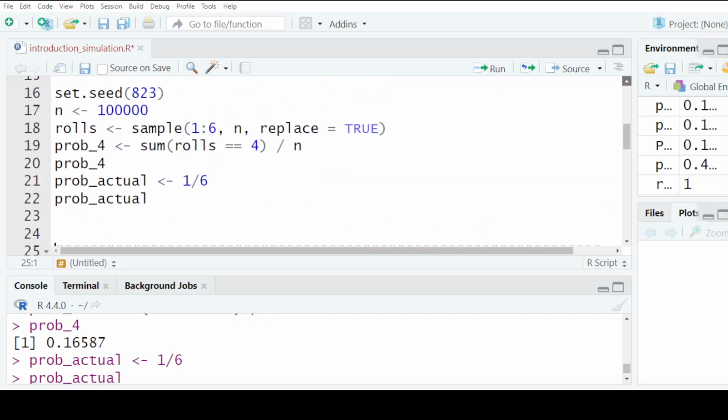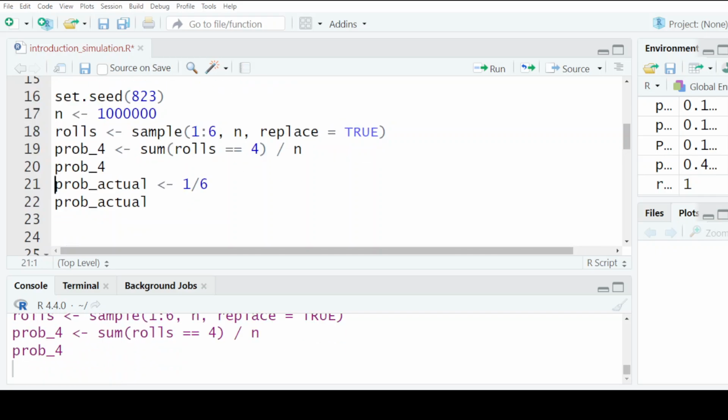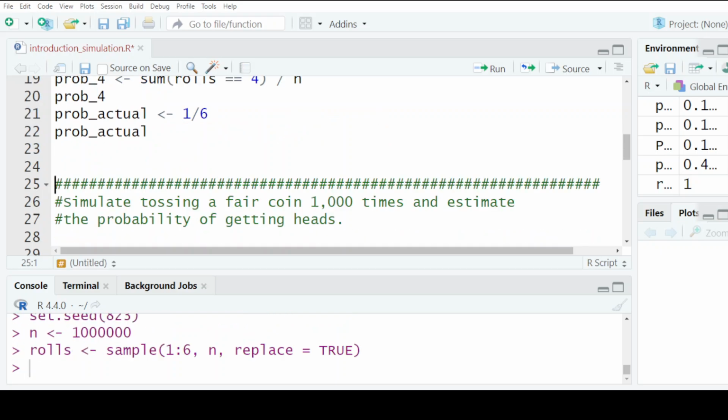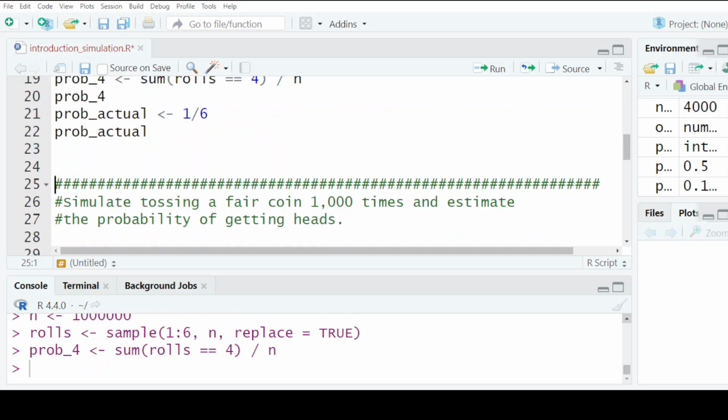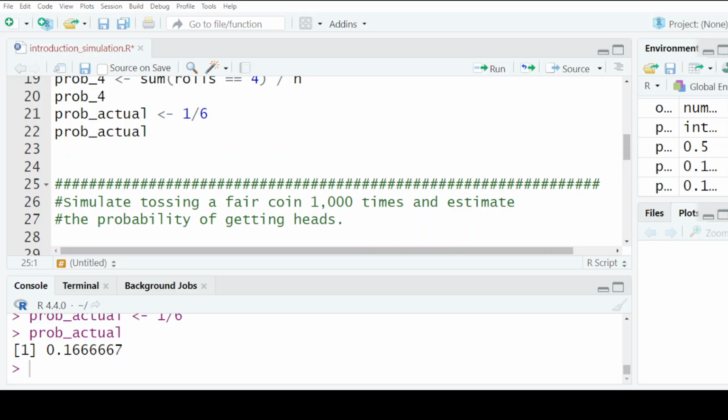And so the more simulations you do, this one being 100,000, the closer you get. What about if n is 1 million? Let's find out what happens. You see what has happened. The value now is 0.166957.